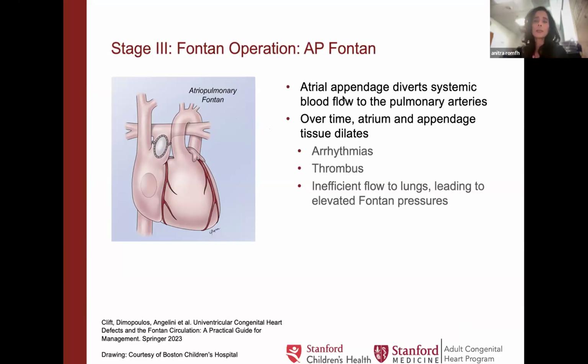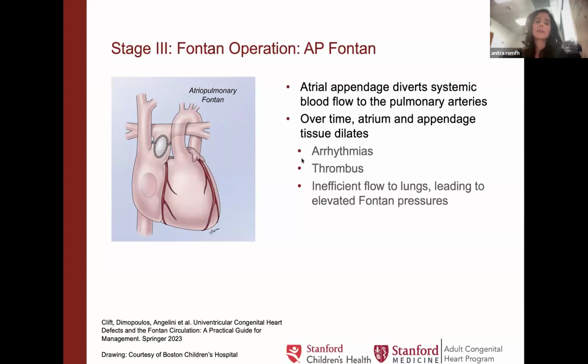We want the atrial appendage. What if we use the atrial appendage to divert systemic blood flow to the pulmonary arteries? Maybe the rugae of that appendage can help us pump some of that lack of subpulmonary pump that we were not born with, and help divert that IVC blood and SVC blood to the pulmonary arteries.